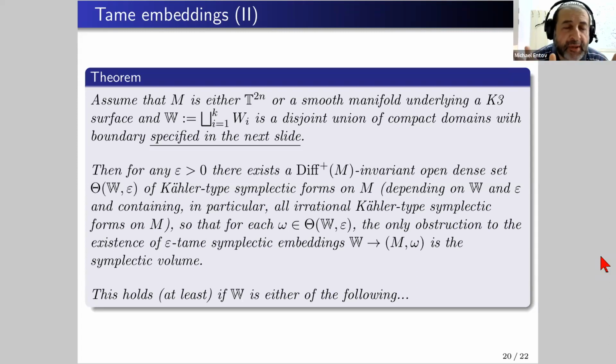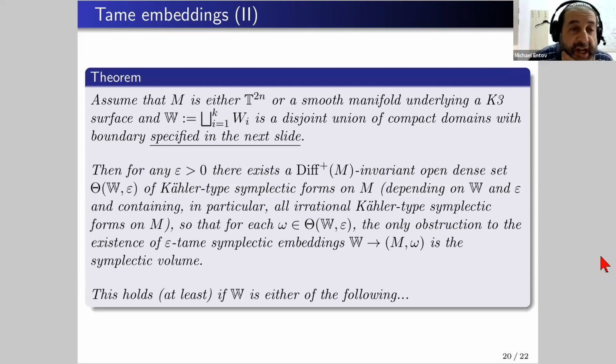Okay. So this is an open dense subset in the space of symplectic forms, and it actually contains all rational forms, and it is Diff-plus-invariant. So it's a huge subset of the space of all Kähler-type symplectic forms. For all of them, we have no restrictions on epsilon-tame embeddings other than the volume.